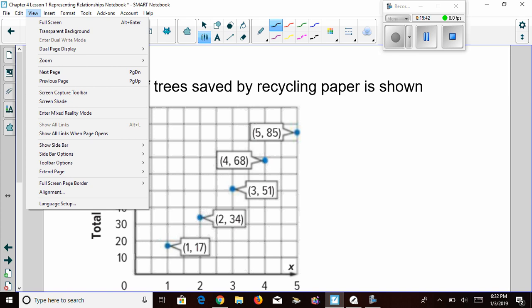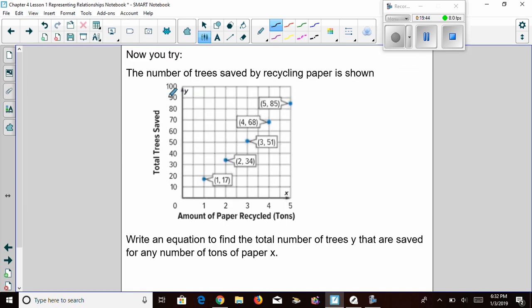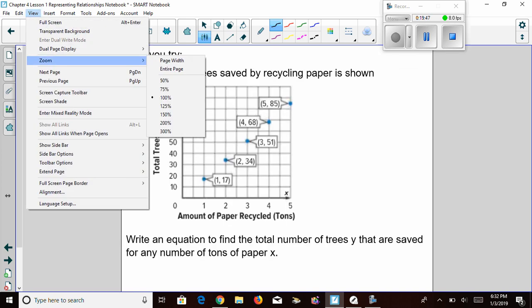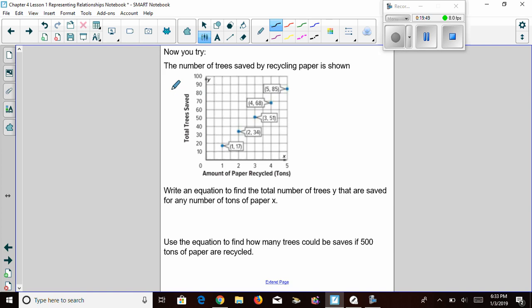Now I'm going to zoom this out so you can see all the questions. So here's what you're going to try. It says the number of trees saved by recycling paper is shown. So you're going to use that graph to write an equation to find the total number of trees that are saved for any number of tons of paper, X. So Y is number of trees, X is tons of paper.